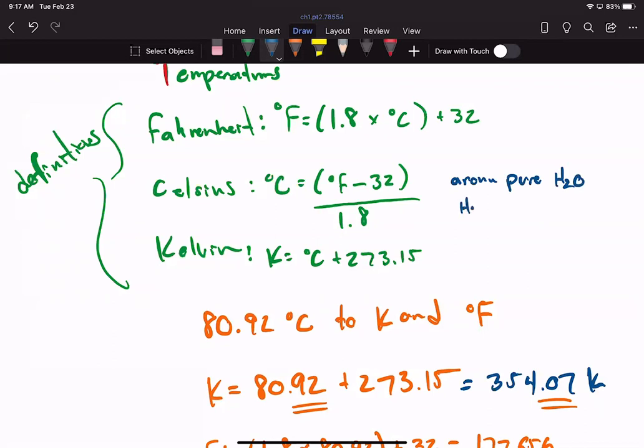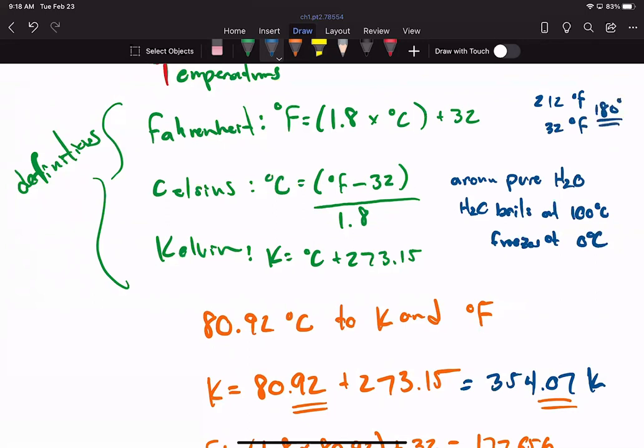Is that water boils at 100 degrees Celsius and freezes at 0 degrees Celsius. And this is where the Celsius scale comes into place. Now, as far as Fahrenheit goes, water boils at 212 degrees Fahrenheit and freezes at 32 degrees Fahrenheit. And there's about a 180 degree difference there.